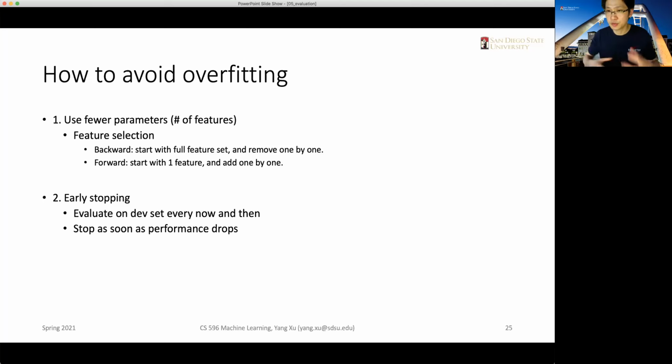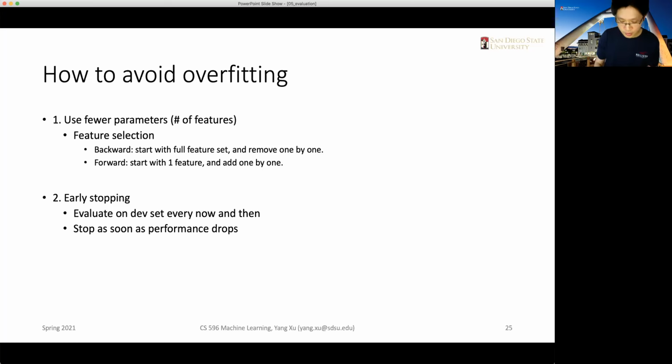So we are training our model on the training set, and we can evaluate the performance on the dev set every 100 steps. Maybe when the dev set tells us that the performance is not that good now.